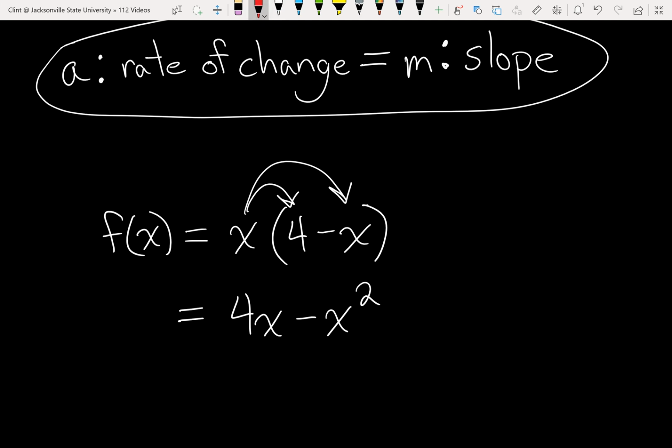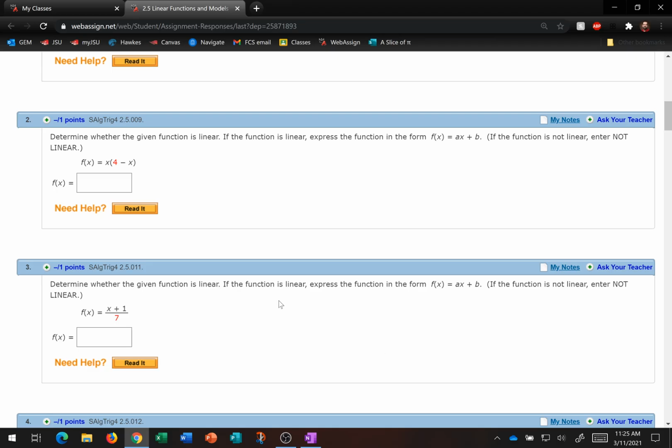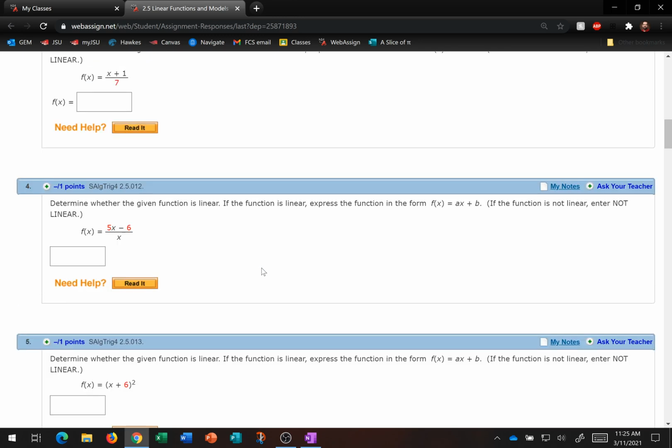Okay, and because we get this x squared term, this thing is going to be not linear. There's nothing we can do with that x squared term here, so this function's not linear. So if you end up with something that you can't fit into the ax plus b or the mx plus b form, that means the function is not going to be linear. Okay? So just check that on these first few.